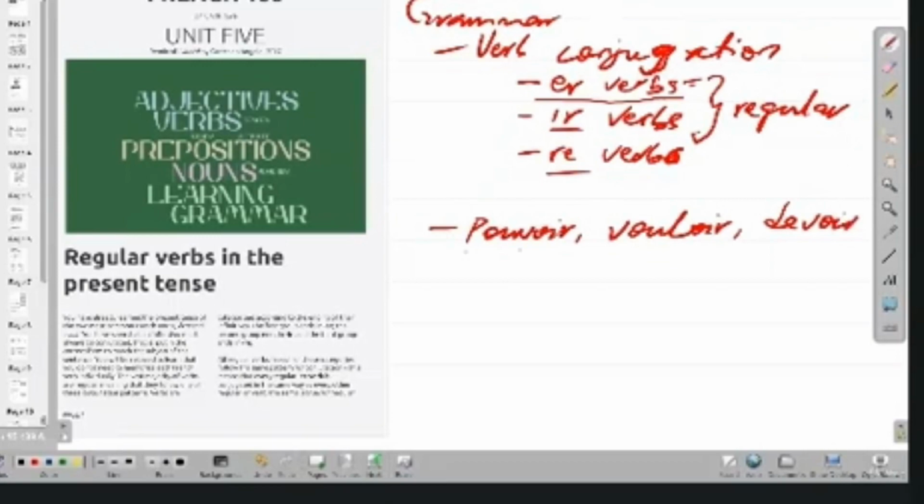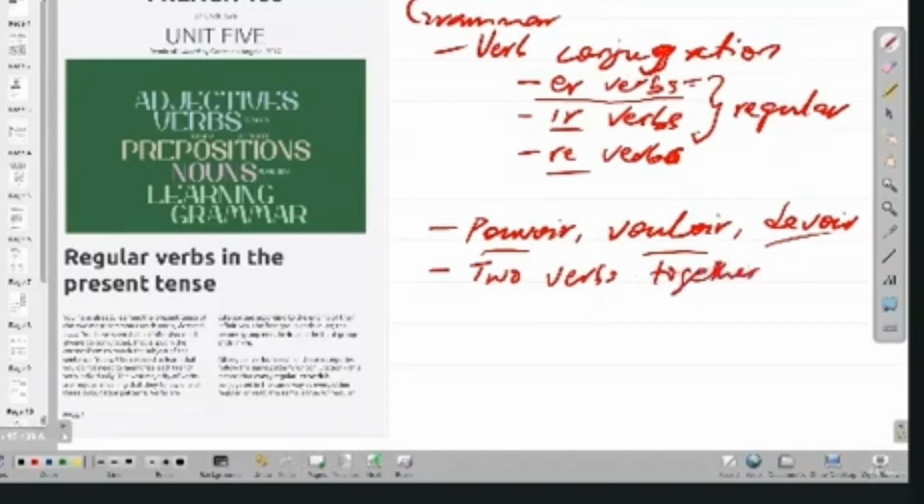When we look at these verbs, we're going to focus on how to combine verbs in sentence formation, how you can use these verbs as support verbs with other verbs in your sentences. So we talk about two-verb or multiple-verb sentences, how to use two or multiple verbs together in a sentence.